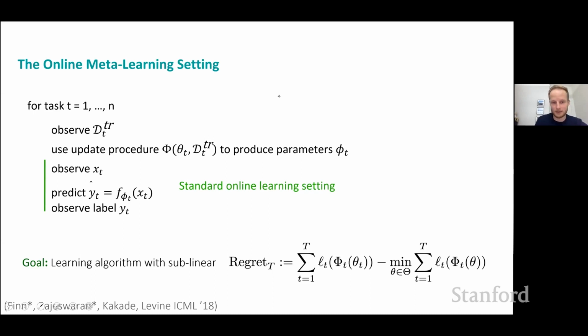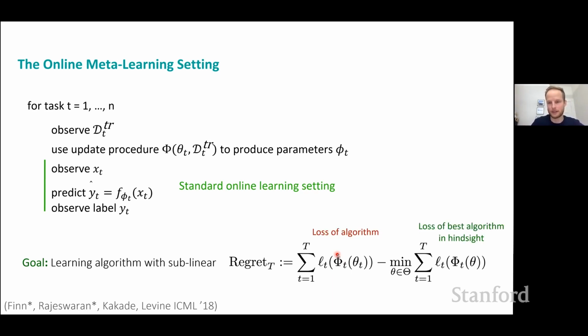And then the goal is similar to what we had before, except now we have this function right here, where we're also trying to find the best update procedure. All right, cool.